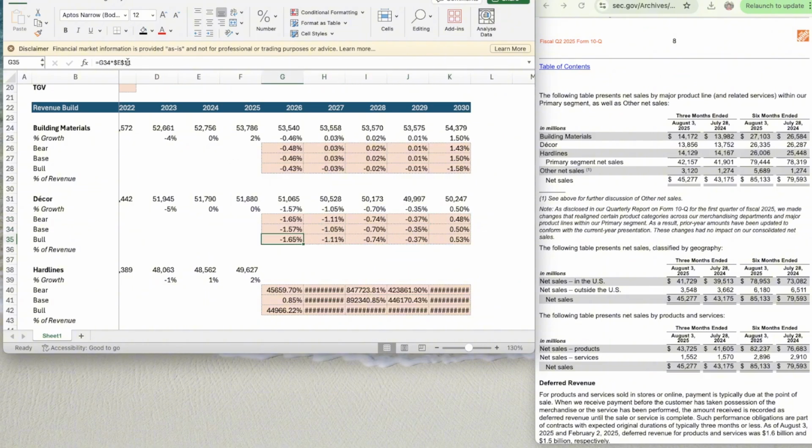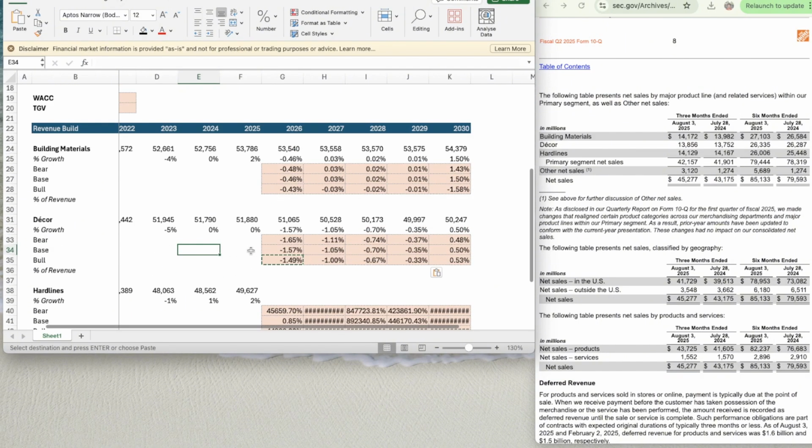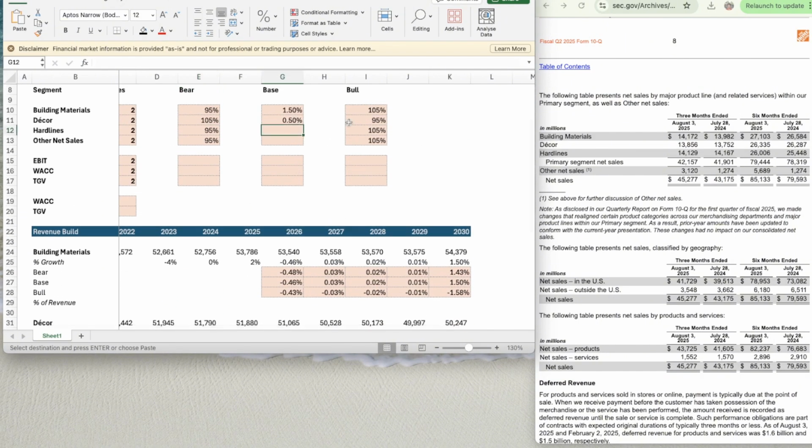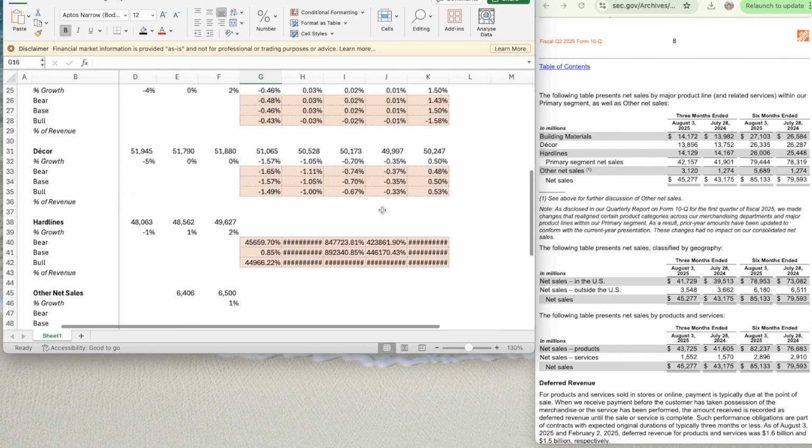This needs to be I, sorry. Perfect. And then for this one, look, this is positive, so let's go with a 2% for hard lines. What is it? G12.